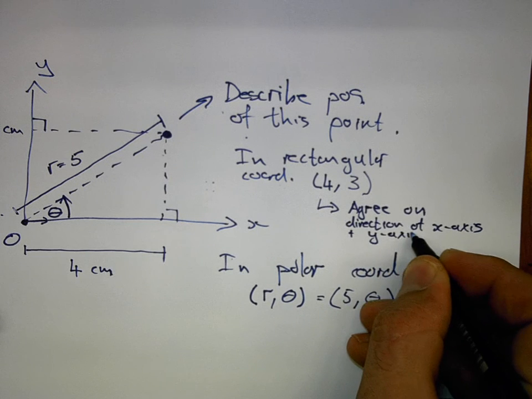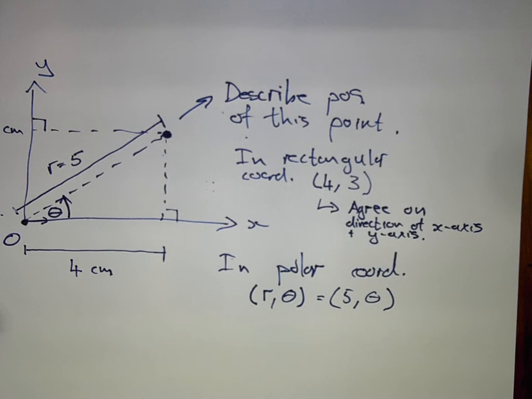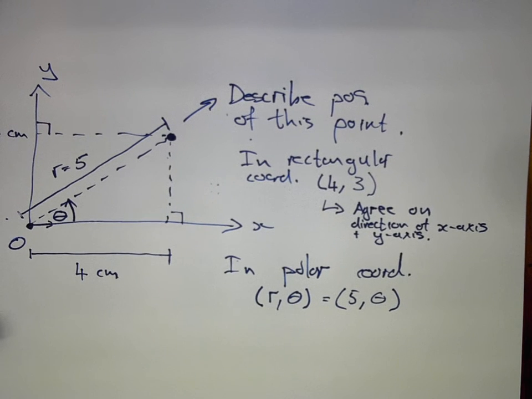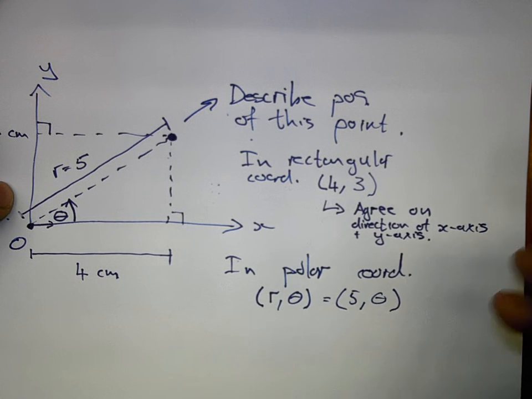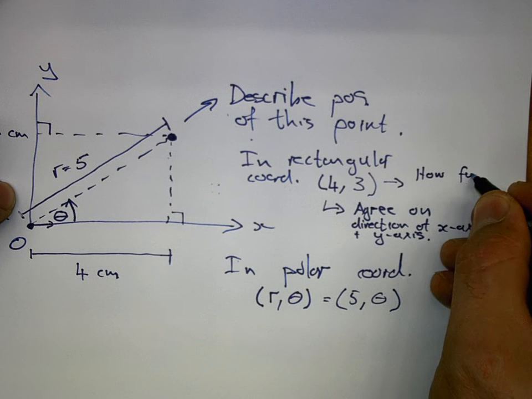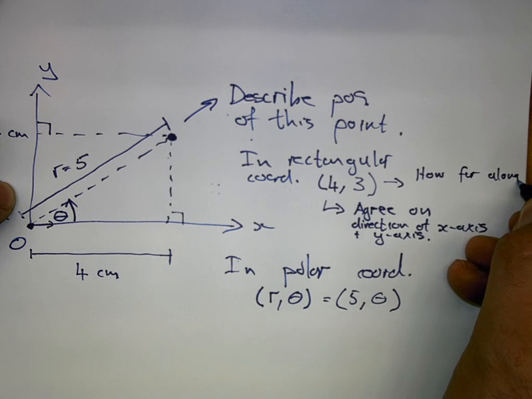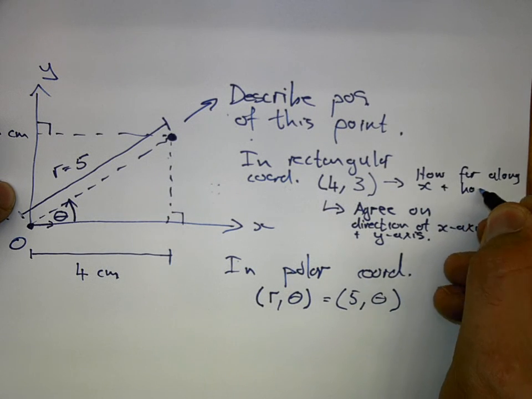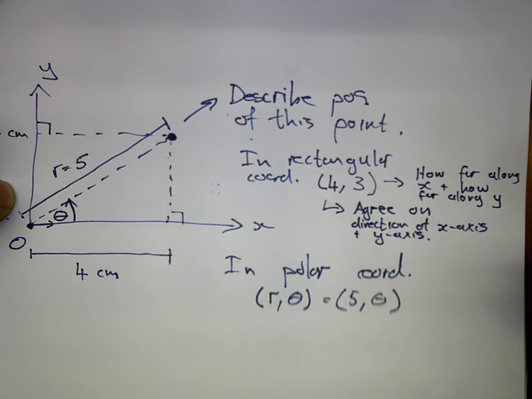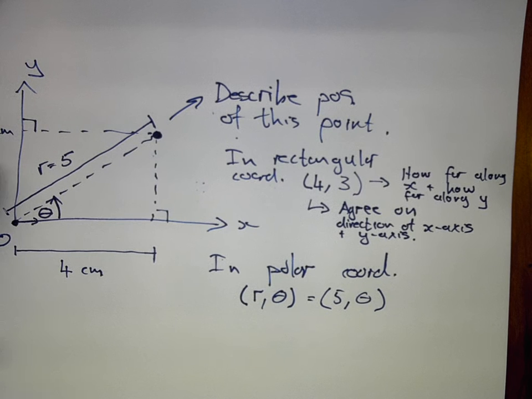So we must set that up beforehand. We must decide, okay, we will have an x and a y-axis. This is how it's going to look. So that's 2 bits of information, these 2 reference directions we set up, an x and a y. Then we also need how far along x and how far along y. So 4 bits of information, 2 directions that we have to set up beforehand.